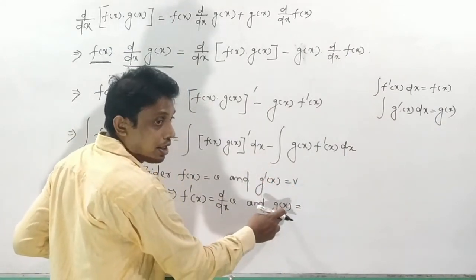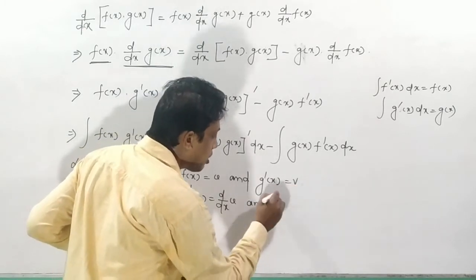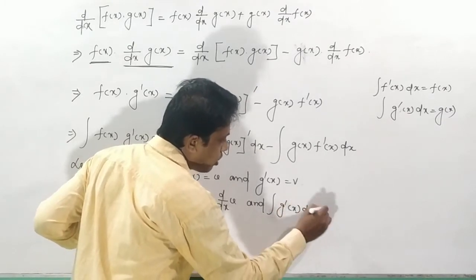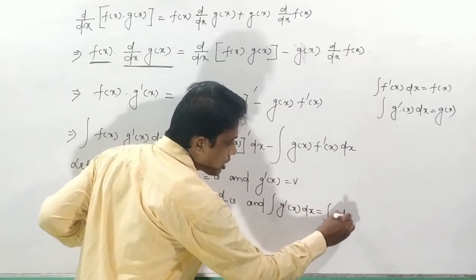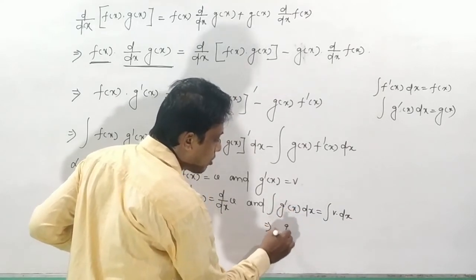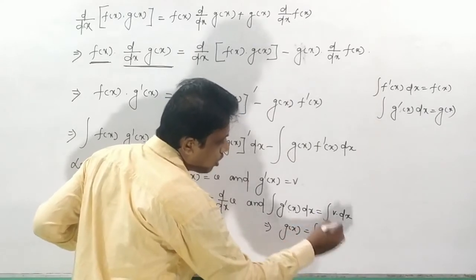Now if we integrate both sides, the integration of g dash x into dx is equal to the integration of v into dx, which implies g(x) is the integration of v into dx.